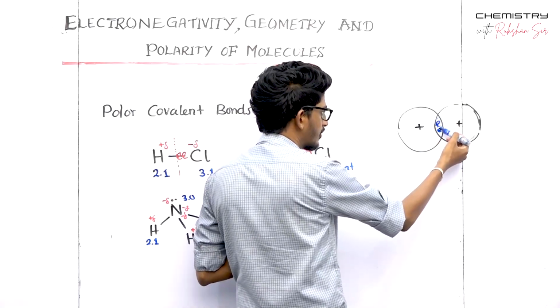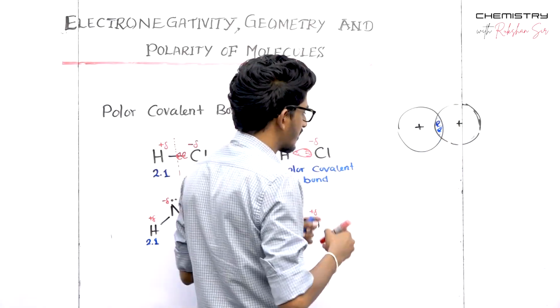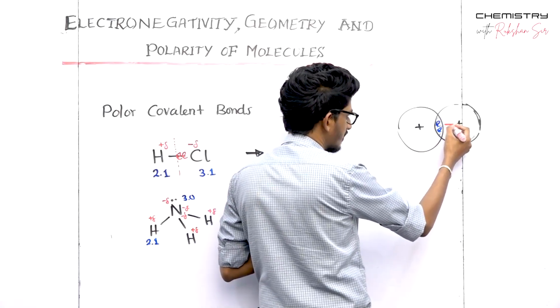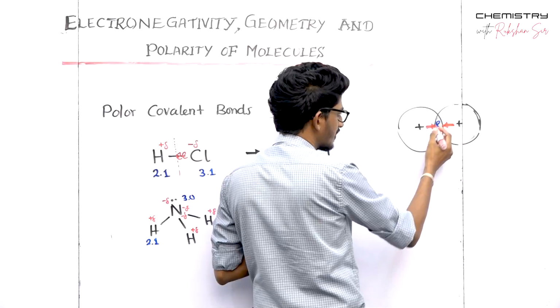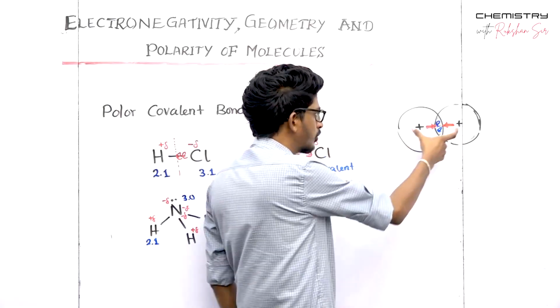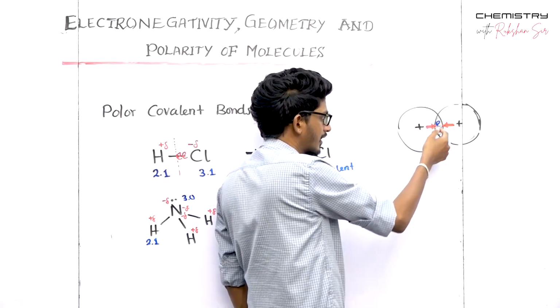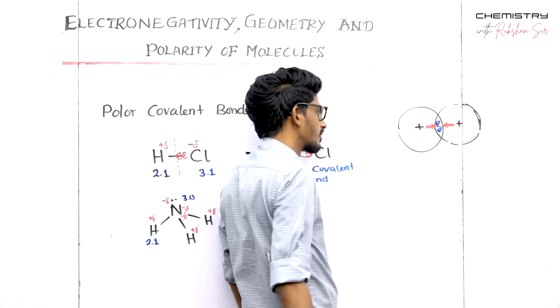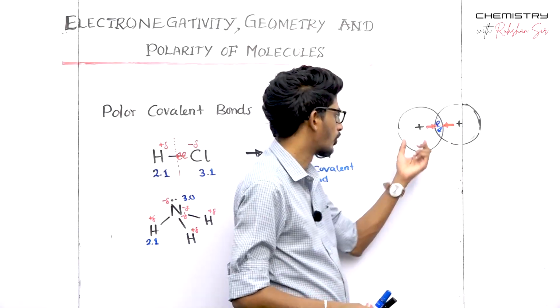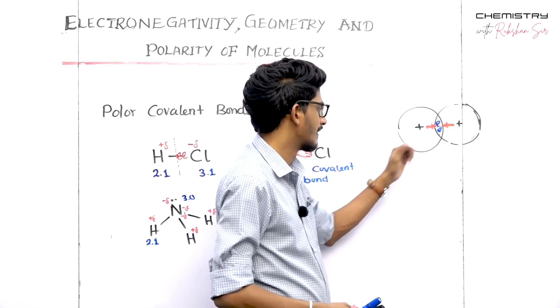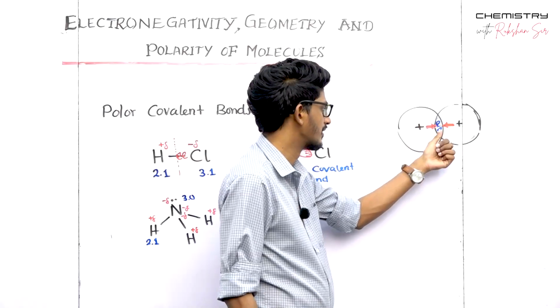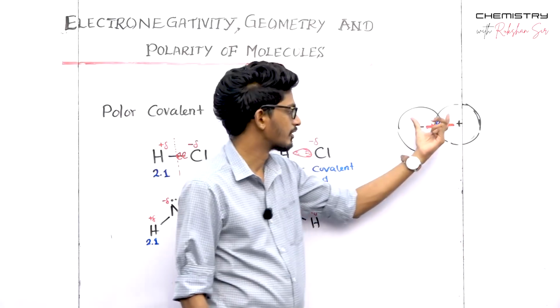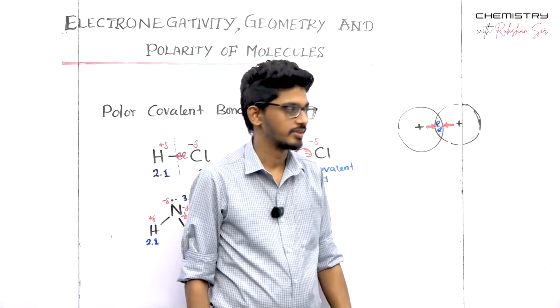The shared pair of electrons will attract the two nuclei towards it, so that these two nuclei will be connected by the shared pair of electrons. Actually, almost all the mass of the atom resides in the nucleus. So the two masses, the two nuclei, will be connected by the shared pair of electrons. That is what is meant by a covalent bond.